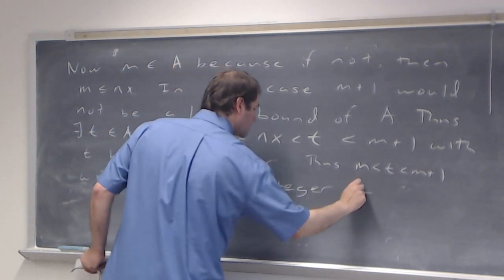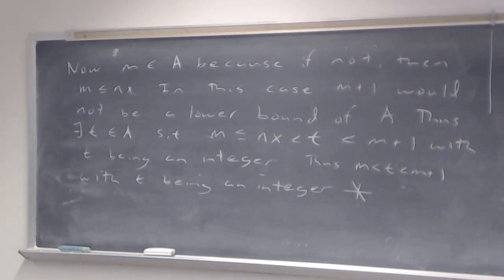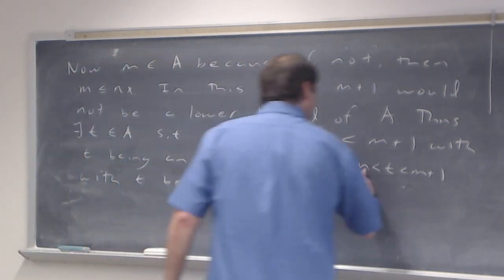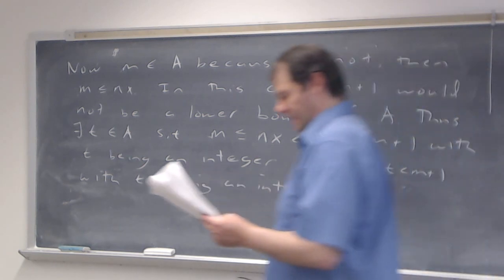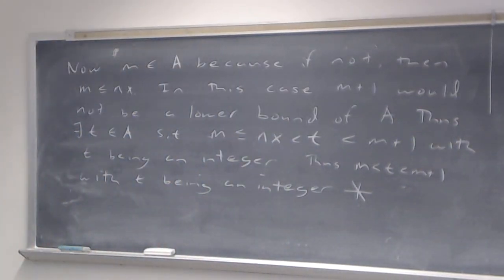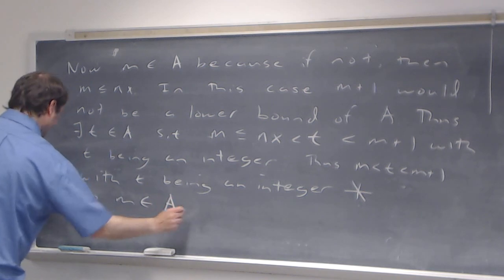That's impossible. That's a contradiction. So that's why m had to be in A. The reason it's a contradiction is that in between two consecutive integers, you can't find an integer. That's because of the way the integers are defined. If you start with one integer, the next one is 1 plus it. So there can't be anything between that. So that means m had to be an element of A.